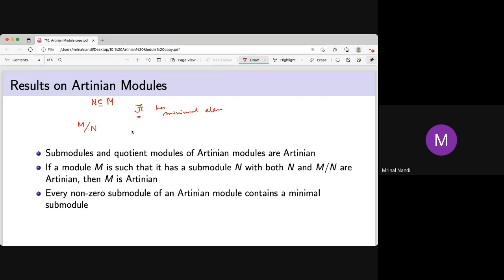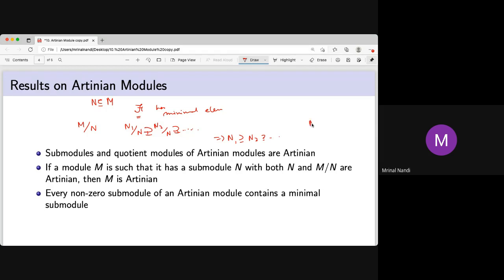It is something like N1 mod N, then N2 mod N, like that. And N1, N2, and so on are submodules of M containing N. Now these have a minimal element, and using DCC it is stationary.